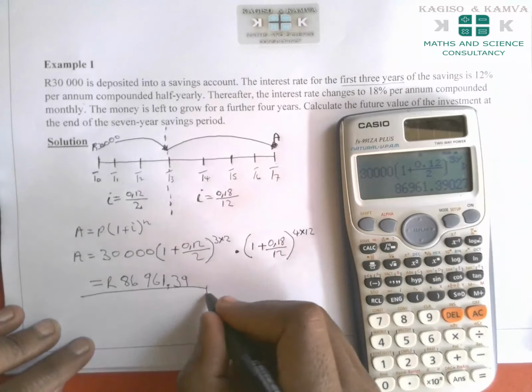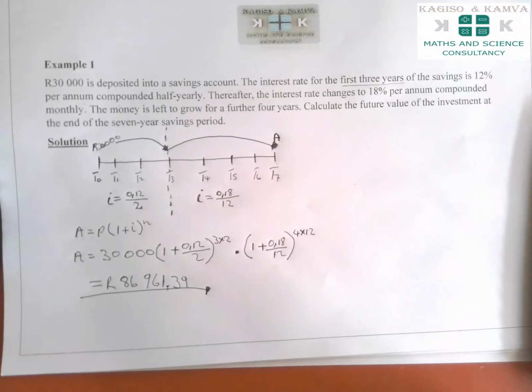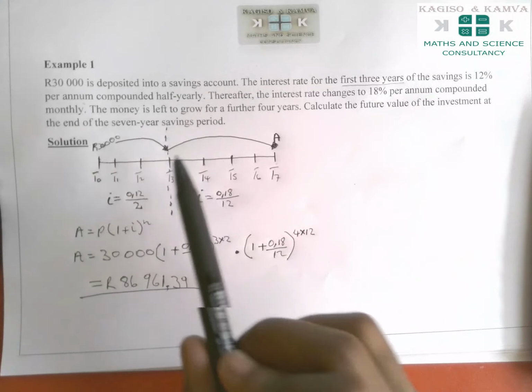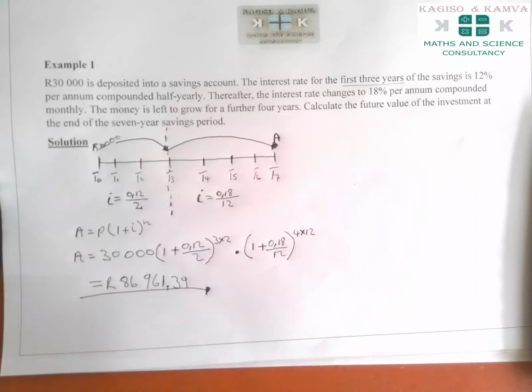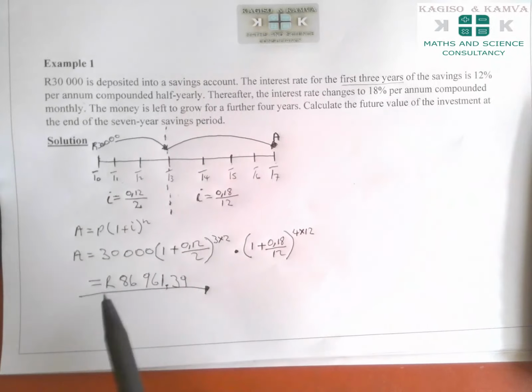So this is the money that we are going to have at the end of the 7th year period. You must remember, if the interest rate changes, our investment will take a bounce from the timeline. It takes a bounce because the interest is changing there.